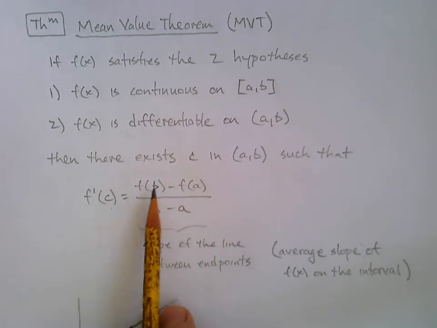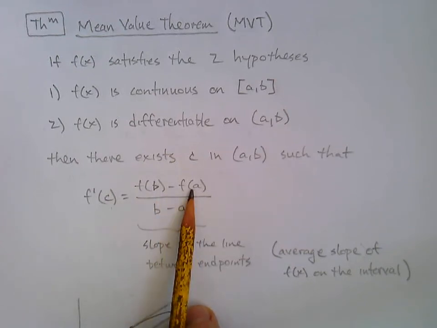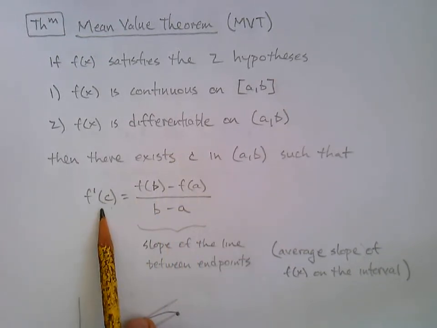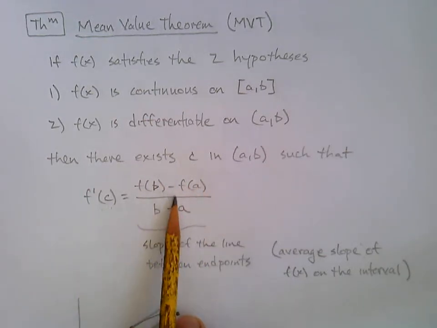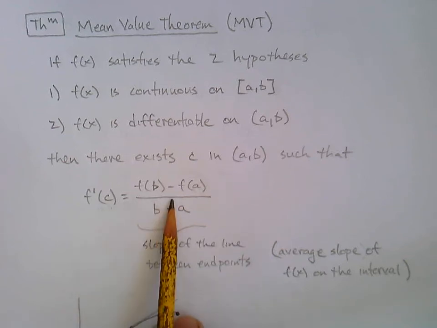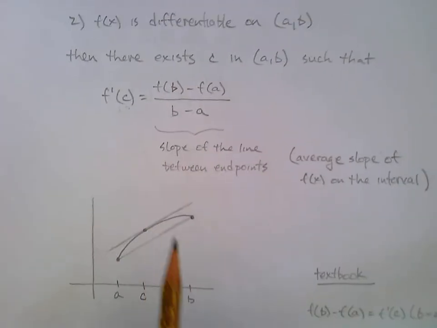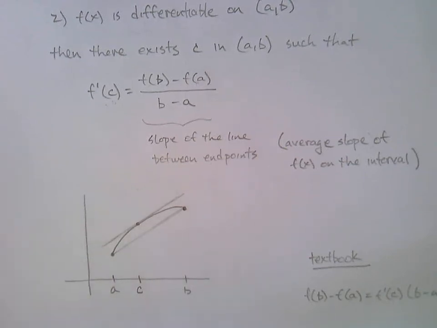Well, if f of b equals f of a, then what's going to be true of f prime of c? If your y values are the same, wouldn't that whole thing become 0? And so f prime of c is 0. In all the lines we drew, the slope of that line was always straight across, 0. Well, yeah.